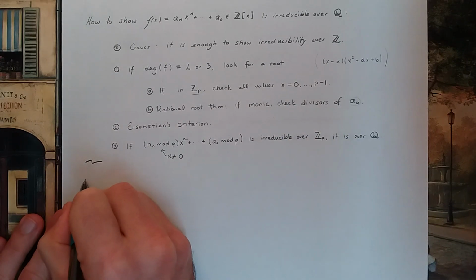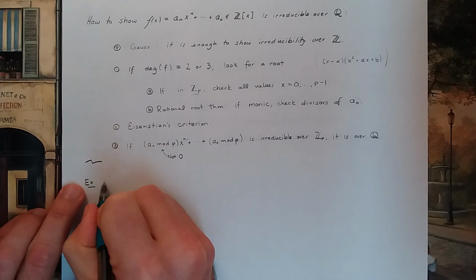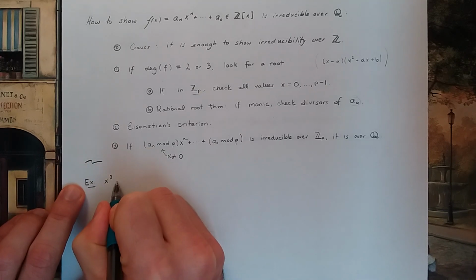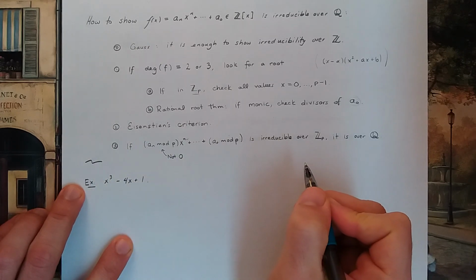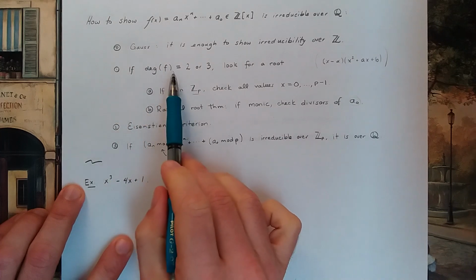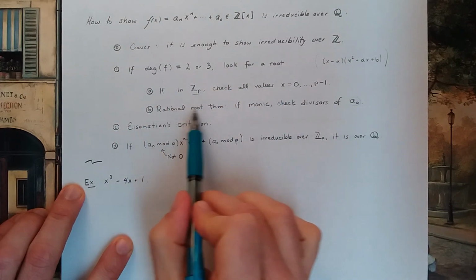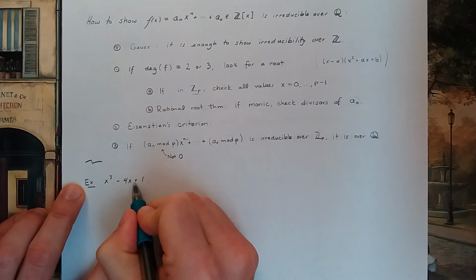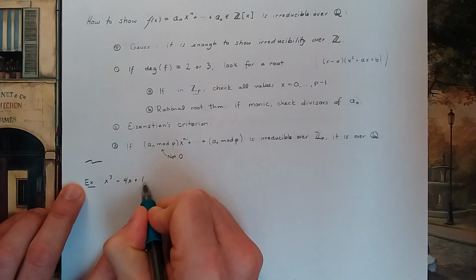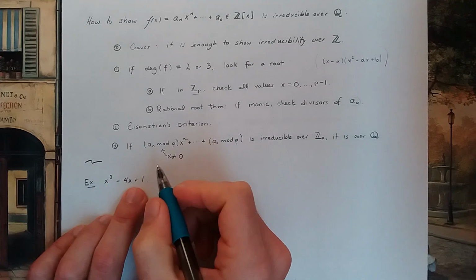Here's an example. How about we look at x cubed minus 4x plus 1. So this is a degree 3 polynomial. I'm going to look for a root. I'm going to use the rational root theorem because I have a monic polynomial. The only possible values that divide 1 that are integers are plus and minus 1.